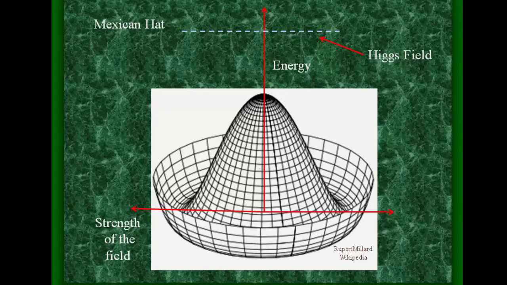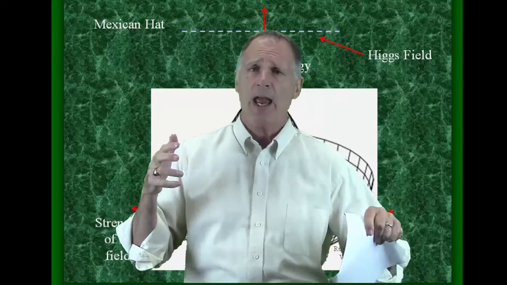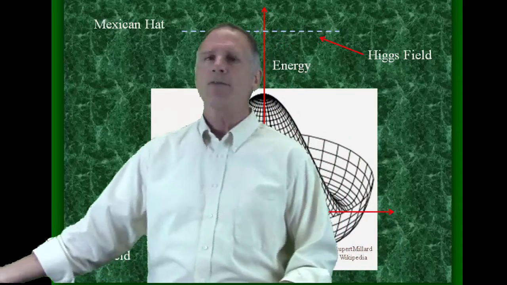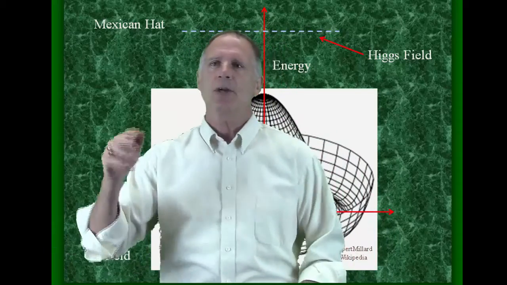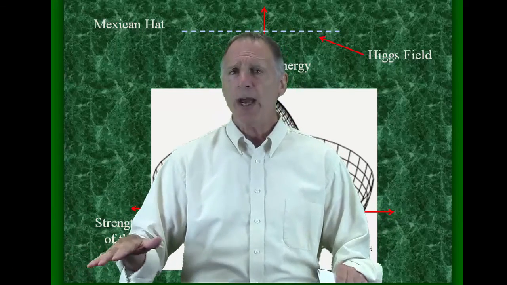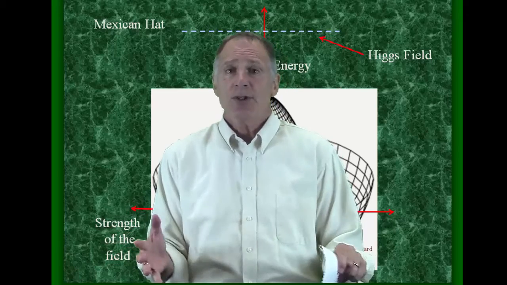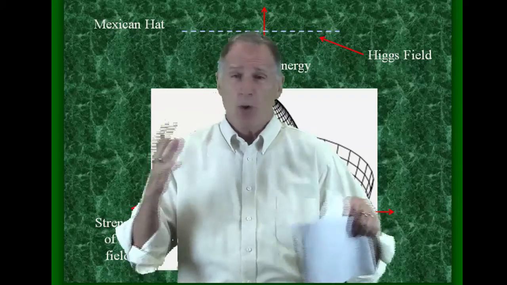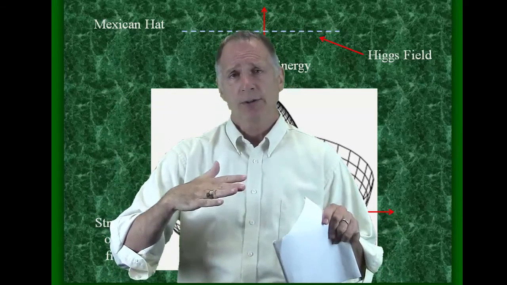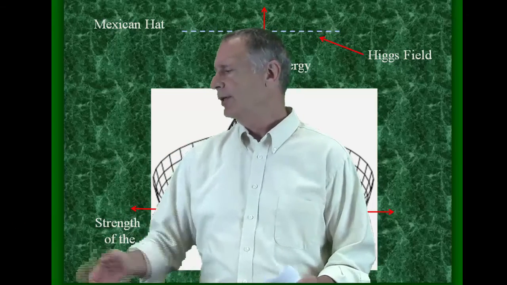When they hit the top of the Mexican hat, it's saying, you've got to choose which way you want to go in terms of forces, and the forces break out, and it's believed that their physical properties are related to the way they fall off this Mexican hat. So not only do we have spontaneous symmetry breaking at the top of the hat, but we also have the forces going through something like a phase change. We're going from one force to more than one force during this process.